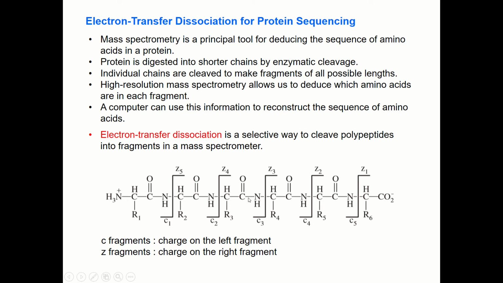First, using enzymes, we cleave the proteins into fragments. Individual chains are cleaved to make fragments of all possible lengths. Let's say if the enzyme cleaves here, you can cleave any position, and the cleavage forms a lot of fragments.